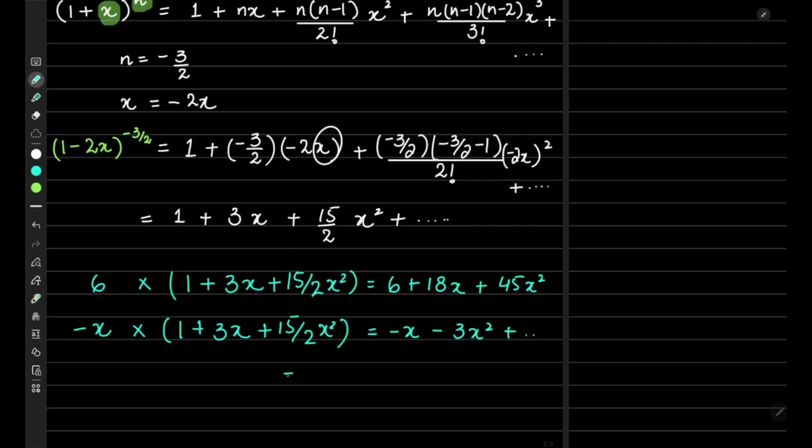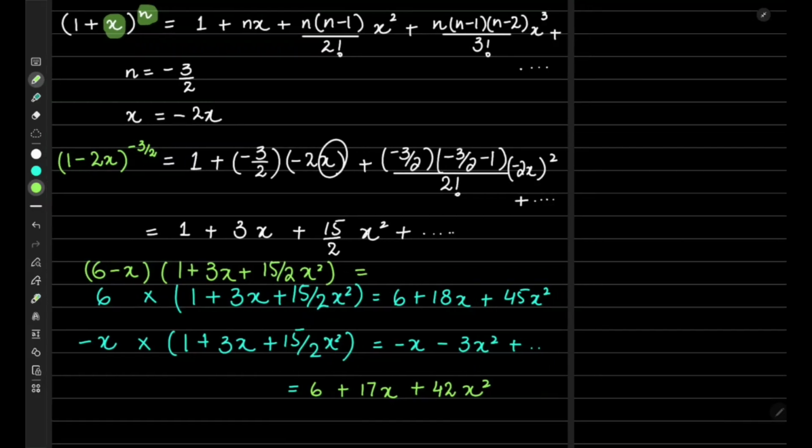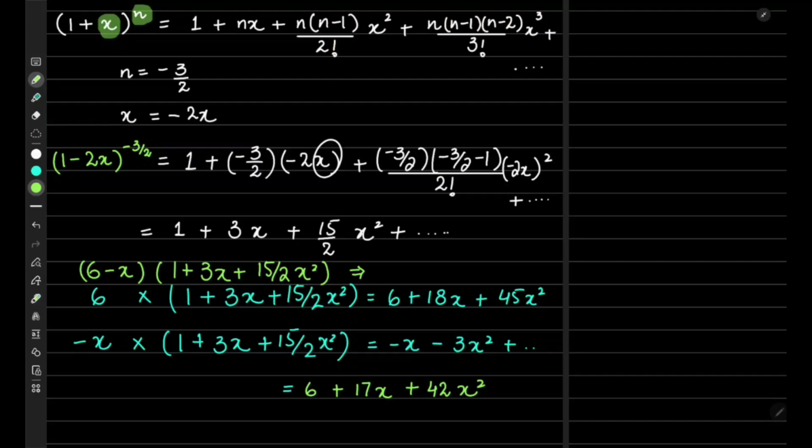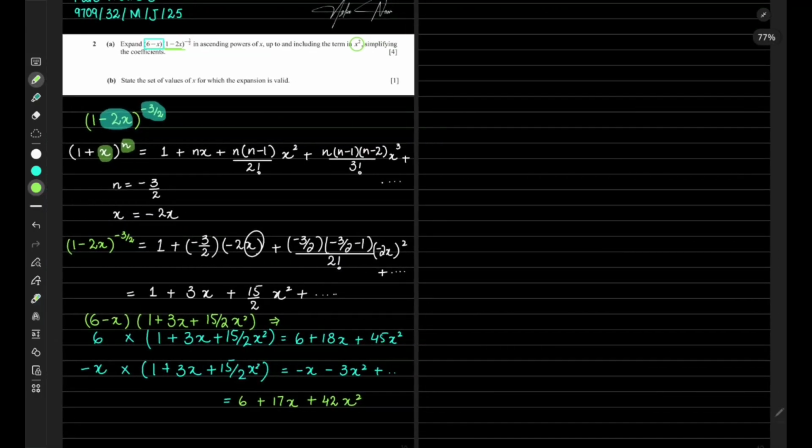Now add them together, it will give you 6 plus 18x minus x, meaning plus 17x, and 45 minus 3, meaning plus 42x square. So this is your answer for (6 minus x) times (1 minus 2x) to the power minus 3 over 2. We just have to do this, we get this answer.